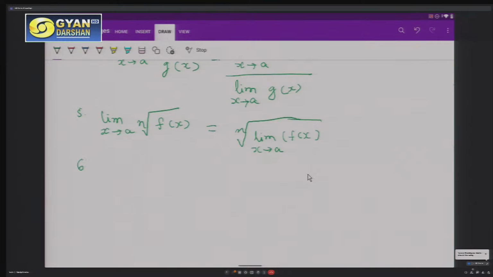Now suppose a function is there in the denominator, then this will be equal to 1 divided by limit x tends to a g(x).